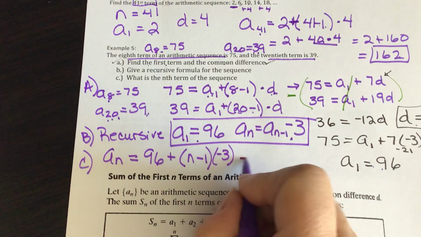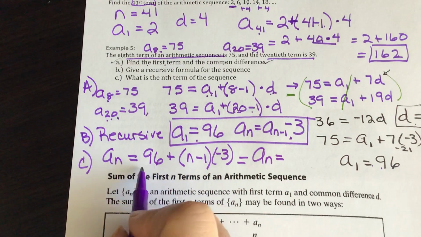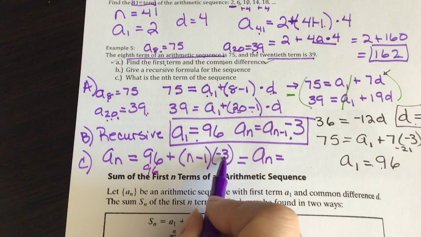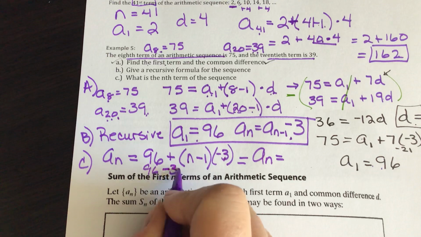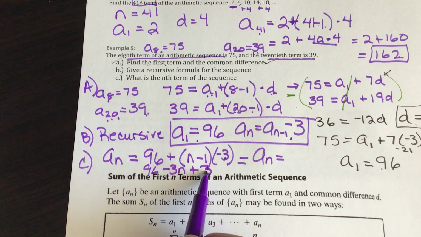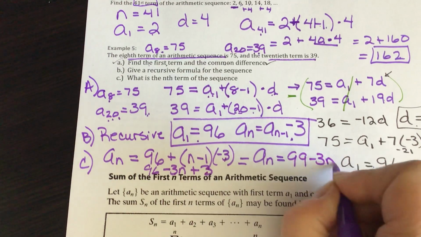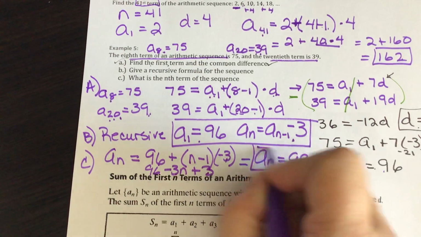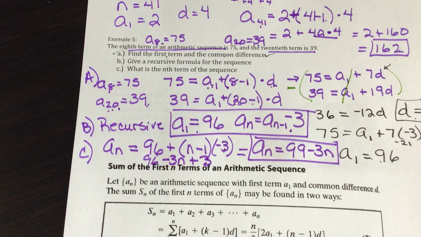And if I simplify this, I have 96, and then this would be minus 3n plus 3. So this would be 99 minus 3n. And that would be the equation to find the nth term.